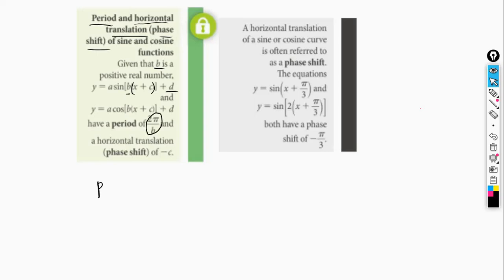In other words, the period for sine or cosine is going to equal 2 pi divided by whatever b is. And then you also have a horizontal translation or phase shift of minus c. That's when c has a plus in front of it. So a horizontal translation of a sine or cosine function is often referred to as phase shift. So the equations y equals sine of x plus pi thirds and y equals sine of 2 times x plus pi thirds both have a phase shift of minus pi thirds.